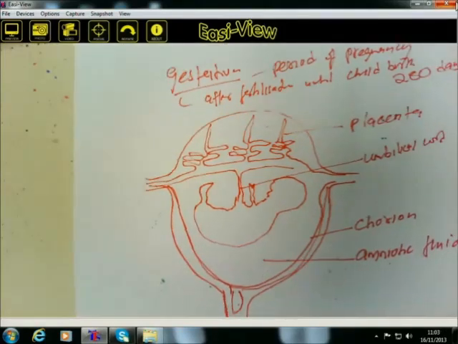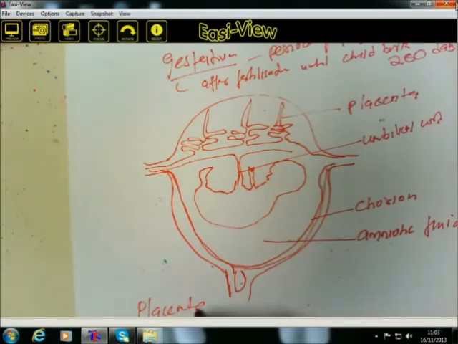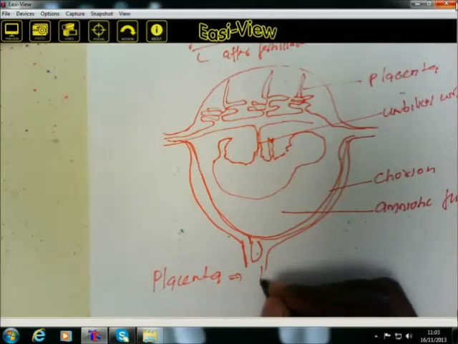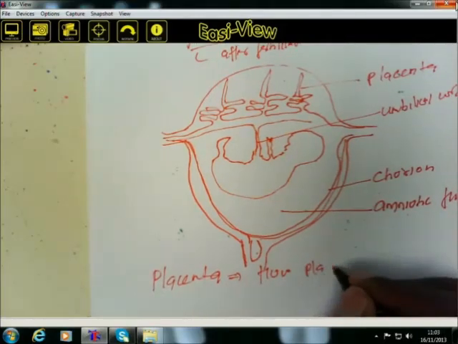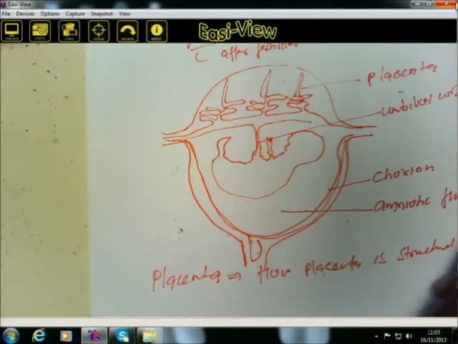Now let us unpack the structure here. Firstly, let us talk about the placenta. The question will say how the placenta is structurally suited for its function.